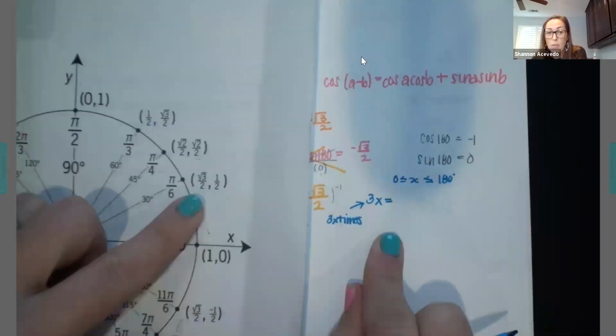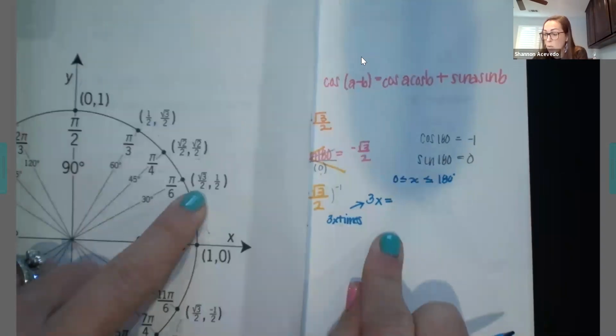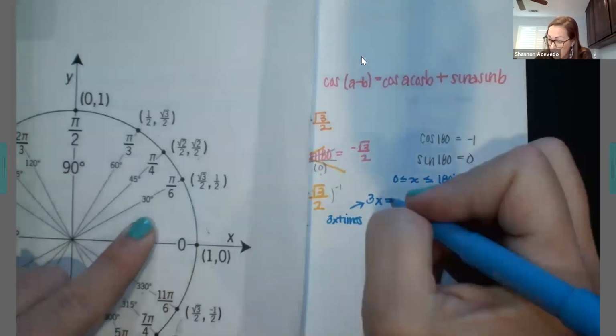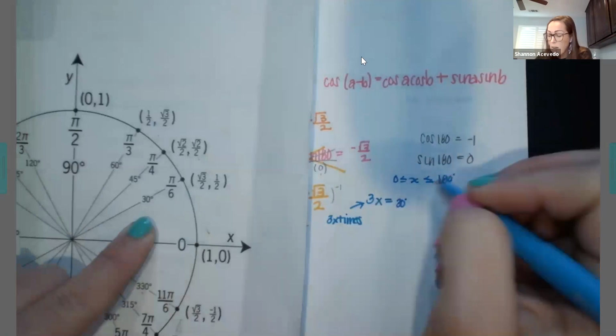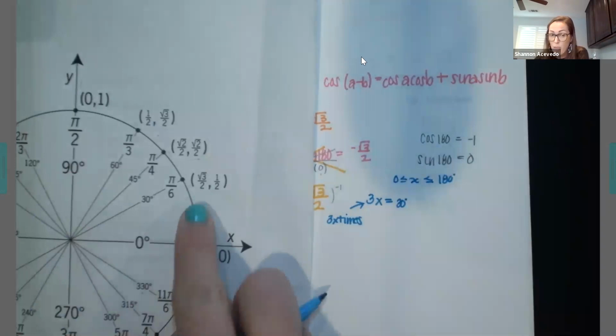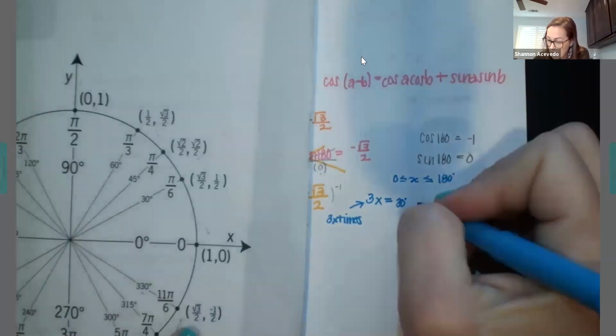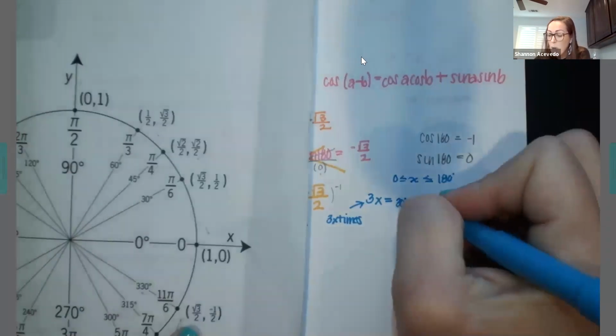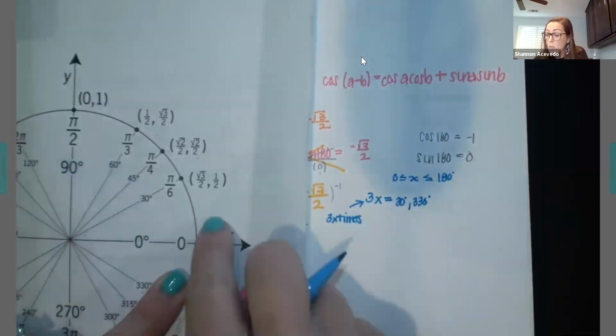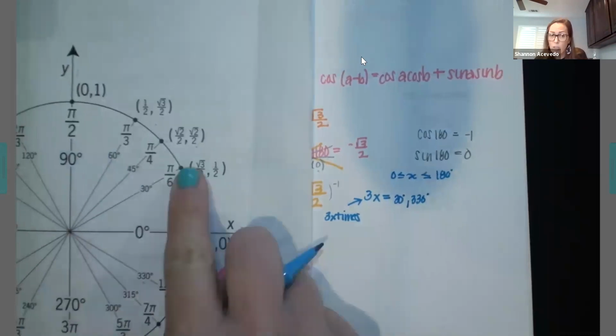Cosine is square root of 3 over 2 here at 30 degrees. It's degrees here, so I'm going to use the degrees value. So at 30 degrees, and then I look for that x value again at 330 degrees. And I keep going around. That was 1 time around. On my second time around, it's not 30 degrees.